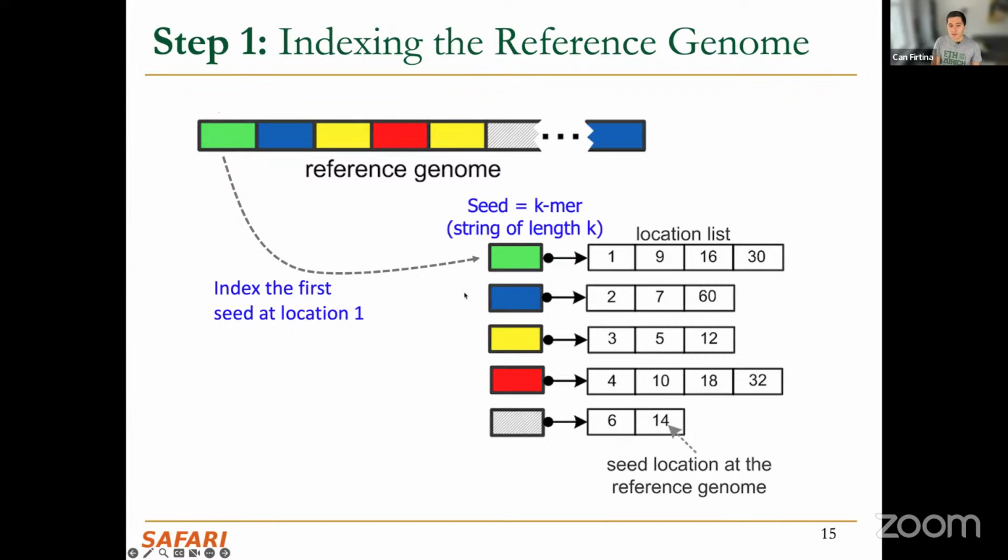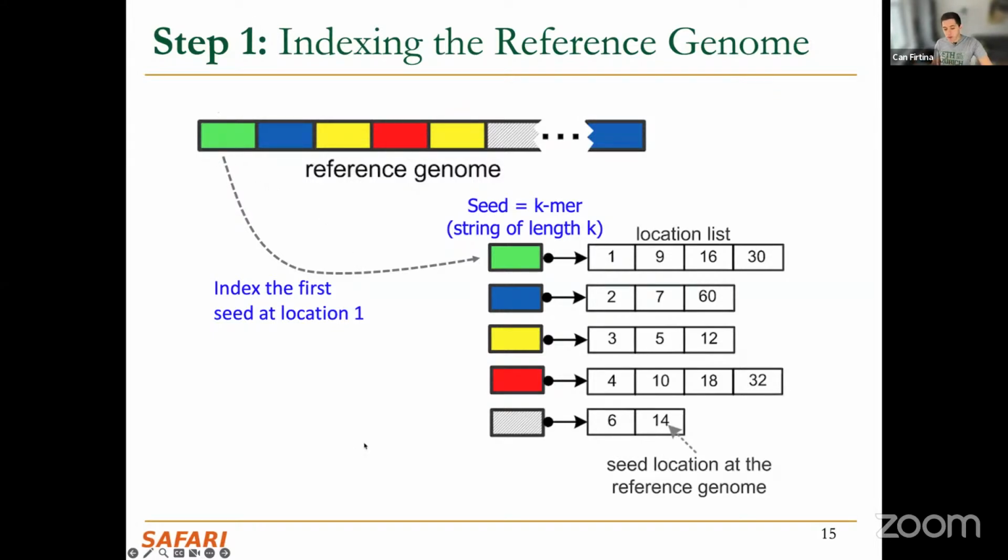So these seeds are usually generated from, as I said, subsequences, which we usually refer to as k-mers. So that k-mer literally means a string of length k, right? K corresponds to the length of the subsequence. For example, if I tell you a 20-mer, then this means that we are extracting some subsequence of length 20.